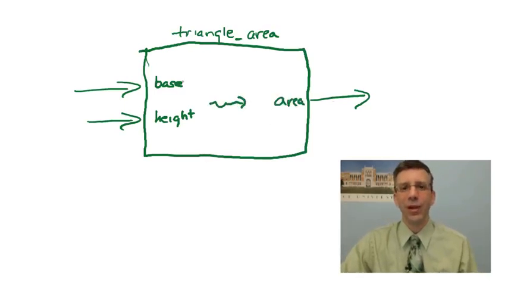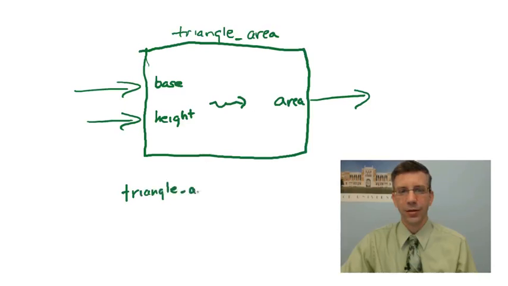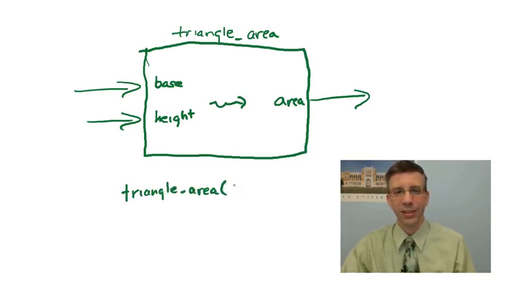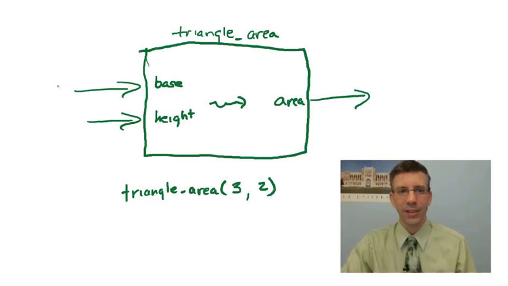Now, the key point is that these names, base, height, and area, only exist inside this box. They only exist inside the function. You don't actually use them anywhere else. And what's happening when I call the function triangle area, by using the function name and parentheses and giving some values, 3, 2? 3 goes in here, 2 goes in there.